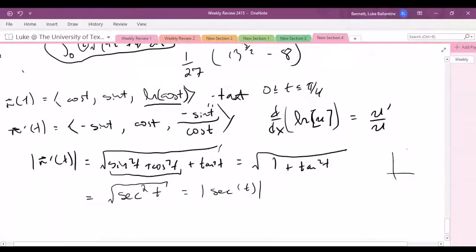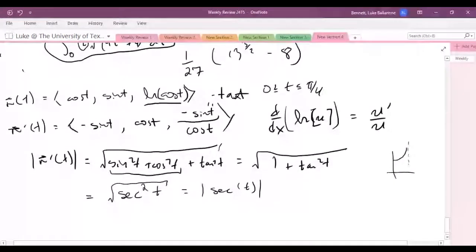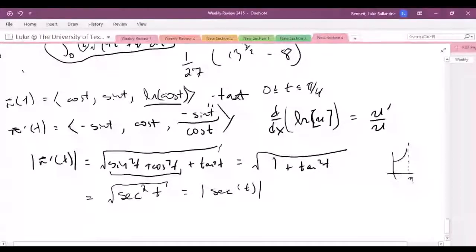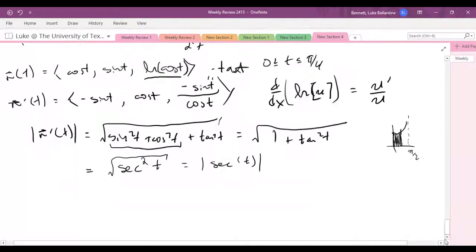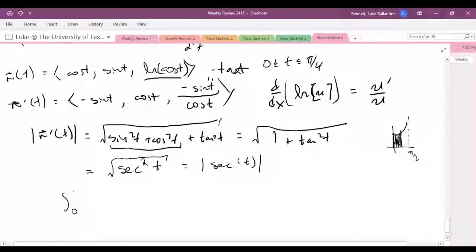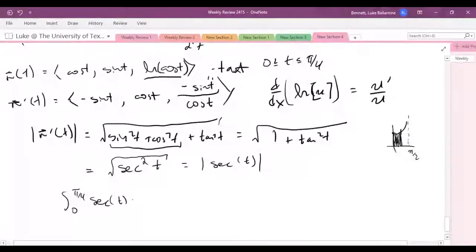This is what secant looks like from 0 to pi over 2. So we're really doing it from here to here. We have positive, above the x-axis, so we don't need to worry about the absolute value sign. So we're just going to integrate from 0 to pi over 4 secant t dt. What's the integral of secant of t?